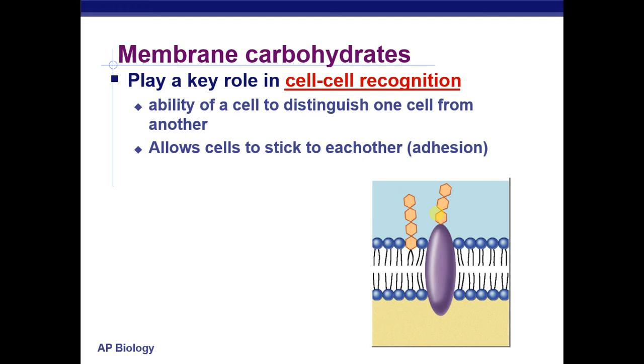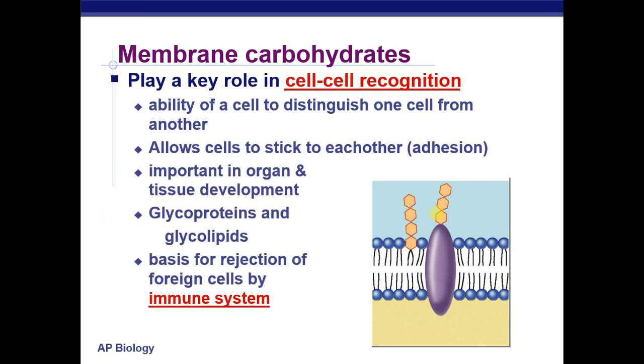And it gives cells the ability to distinguish one cell from another and allows cells to stick to each other. So, for example, if you get a cut and cells need to replicate to repair, they can stick to one another so you don't just have a hole right where your cut was that never gets better.